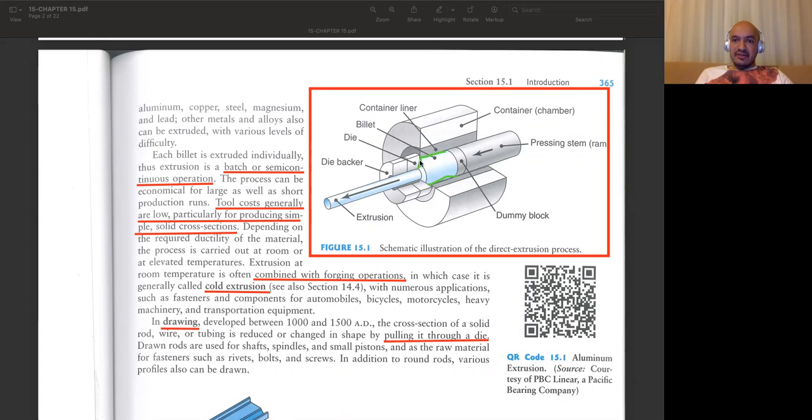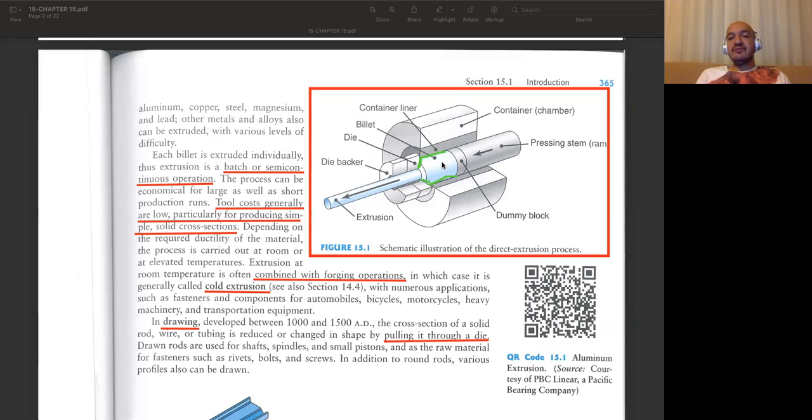And we have a die, let's say die surfaces. We always have friction on these walls since we have a relative motion between the walls of the chamber and the material. Since you have a relative motion, we'll have friction, and this friction may result in higher forces and less surface quality.